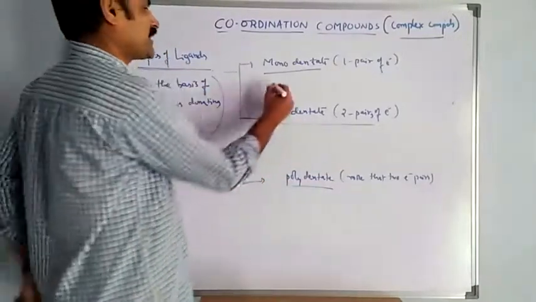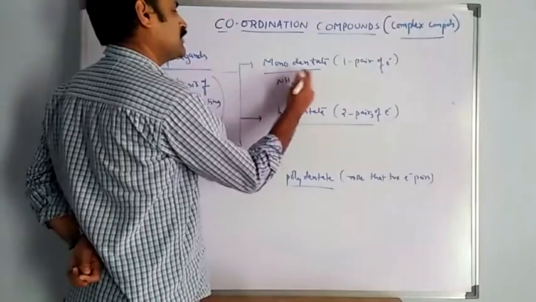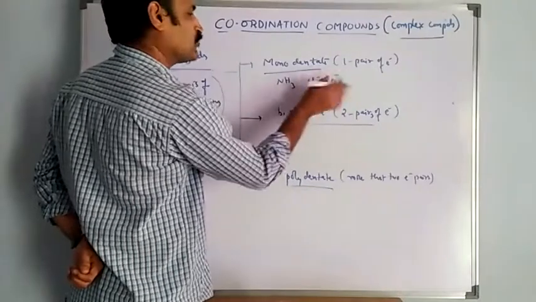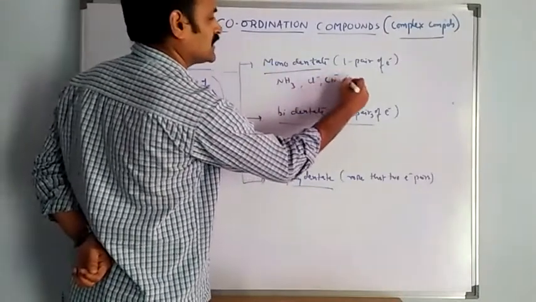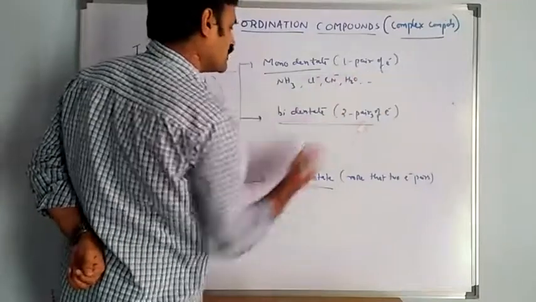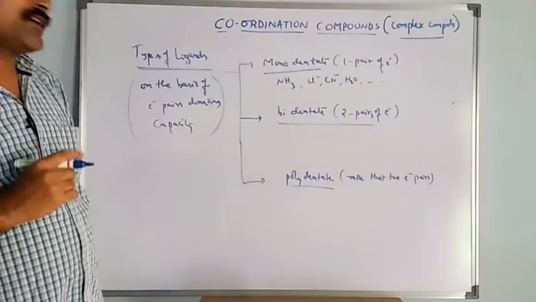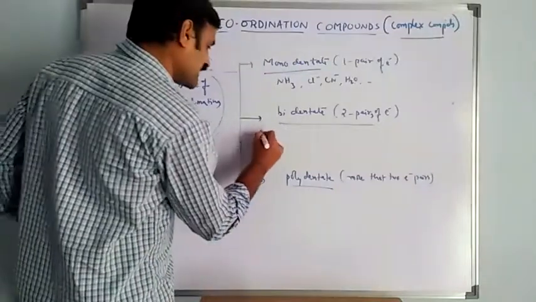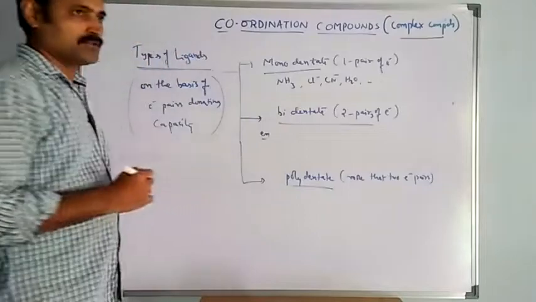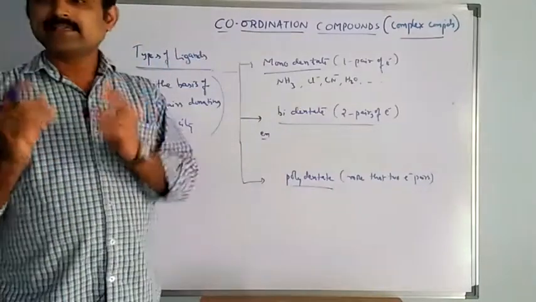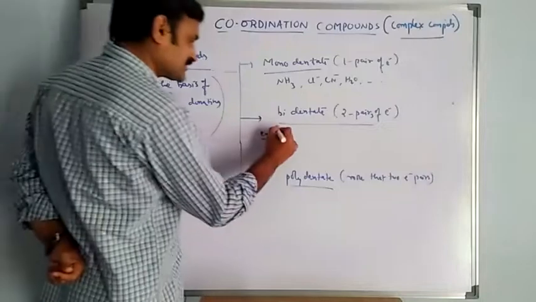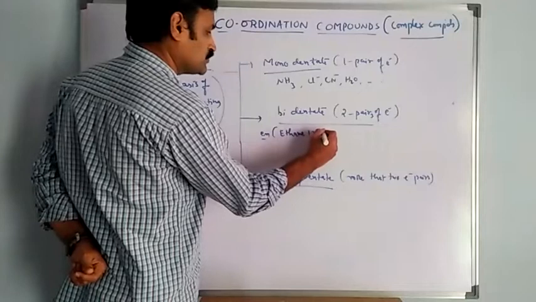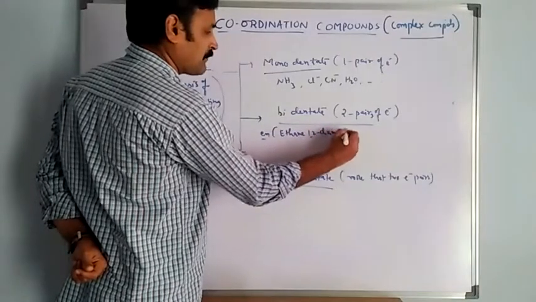For example, ammonia can donate one pair of electrons, Cl minus, CN minus. Most of our general examples come under this category only. Coming to the bidentate ligands, we have one example that we call en, ethane 1,2 diamine. Its expansion is ethane 1,2 diamine.